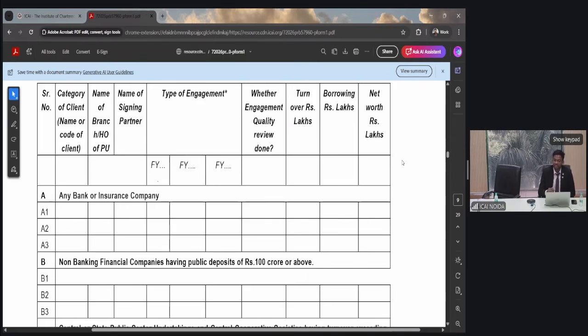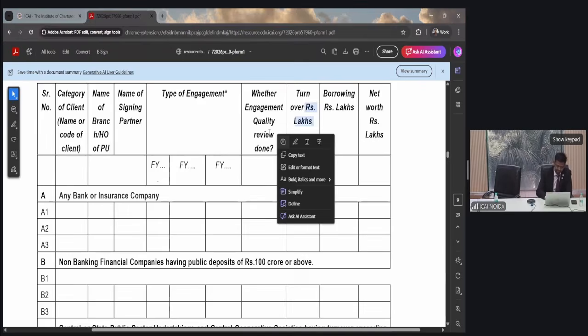Let's say you have a certificate where you certify the names of the directors. None of the three figures are required. So you need not go and extract information necessarily. But whatever information was there in your records in the natural course of the particular engagement, the same needs to be filled. Again, the figures need to be filled in lakhs of rupees and not absolute terms.